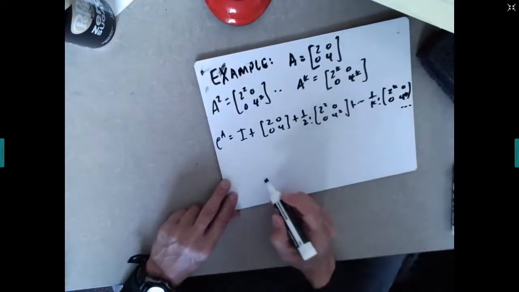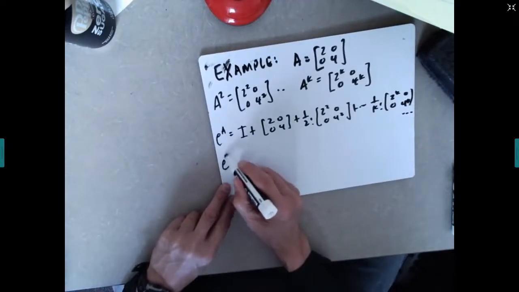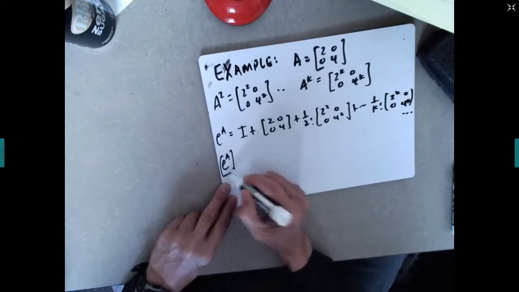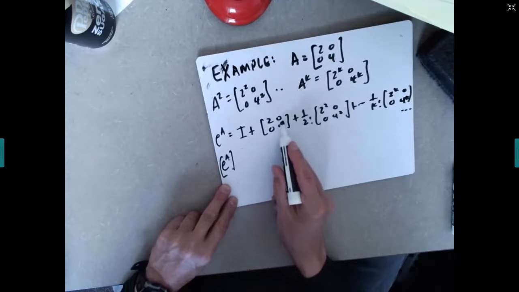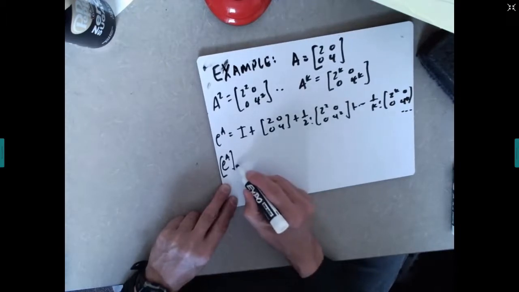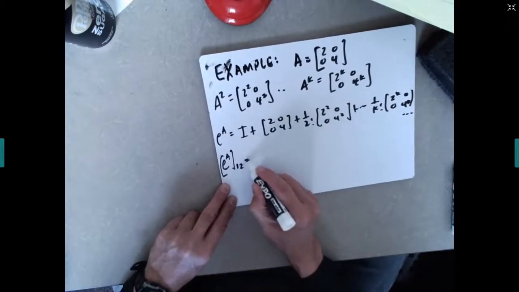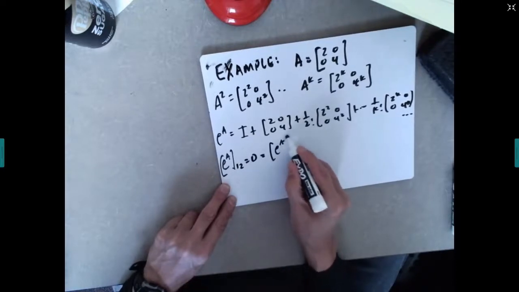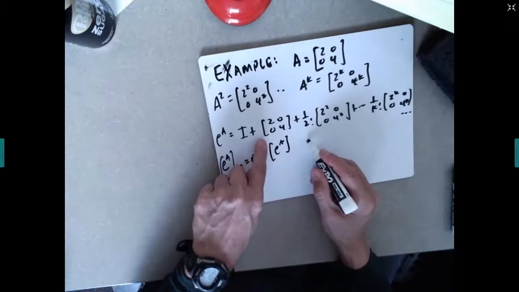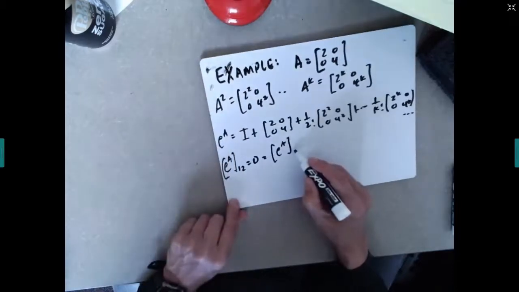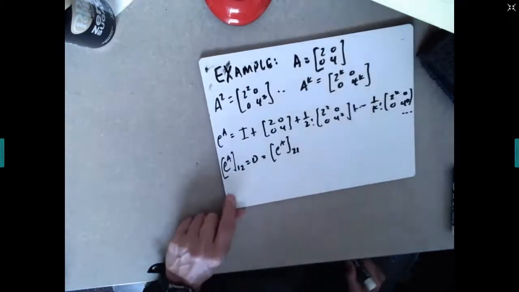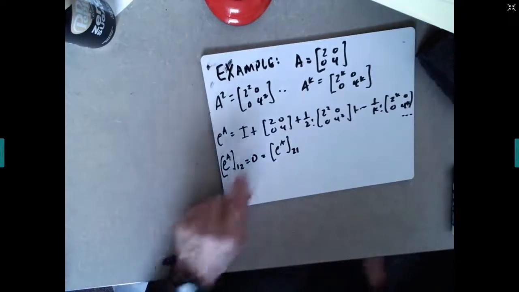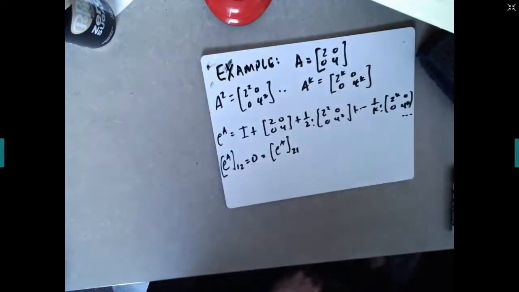What we see immediately is that the first row, second column entry is clearly 0, as is the second row, first column, the off diagonals. It's very easy to see because you're just adding a series of zeros.